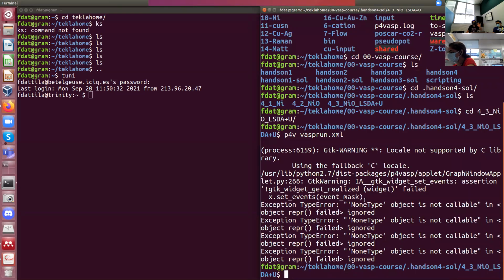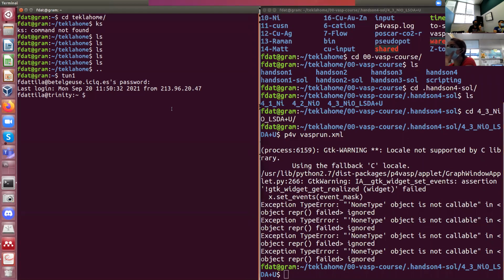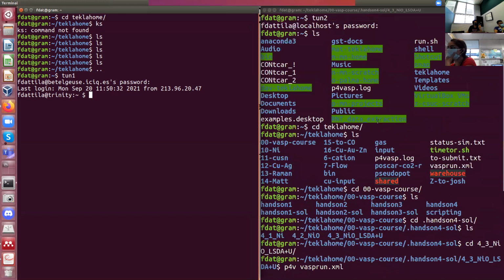But to come back to the procedure, Mariam. So tunnel 1: open it and it asks for a password. Tunnel open, you open a new terminal, keeping the first one open. Tunnel 2, it asks for a second password, you enter Tecla Home. You should see all the folders in Tecla Home.